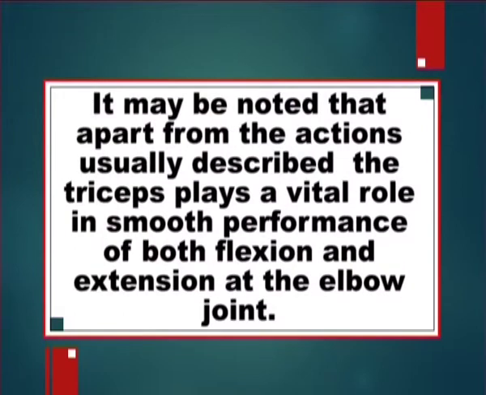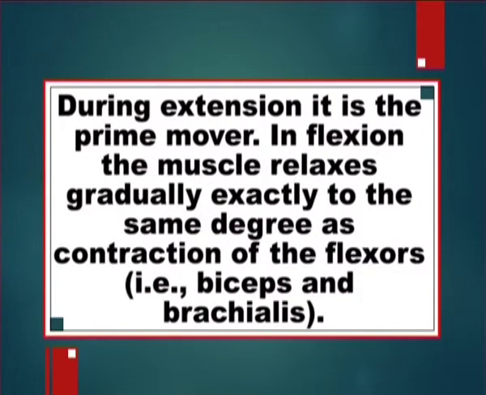It may be noted that apart from the actions usually described, the triceps plays a vital role in smooth performance of both flexion and extension at the elbow joint. During extension, it is the prime mover. In flexion, the muscle relaxes gradually, exactly to the same degree as contraction of the flexors, that is biceps and brachialis.